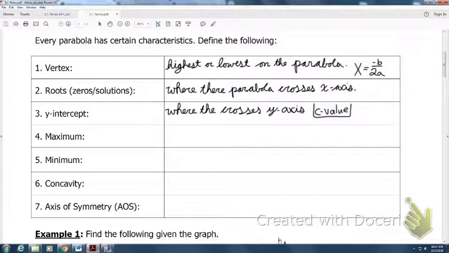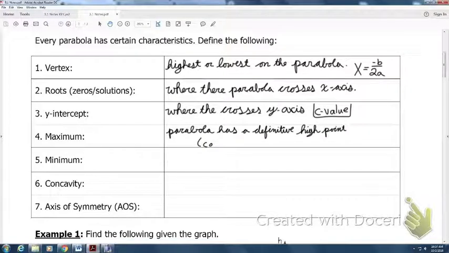The maximum, or a maximum parabola, is when the parabola has a definitive high point, and you are going to have a maximum whenever it is concave down.